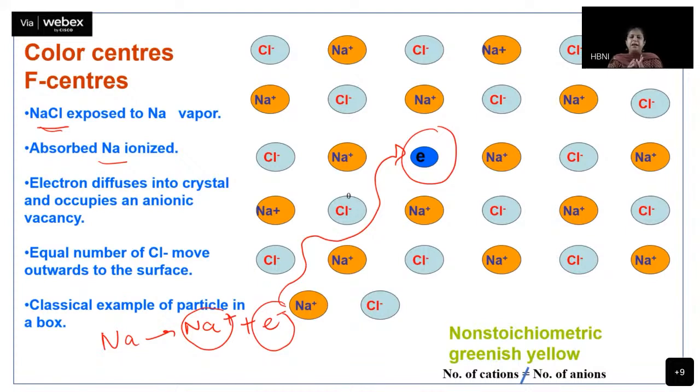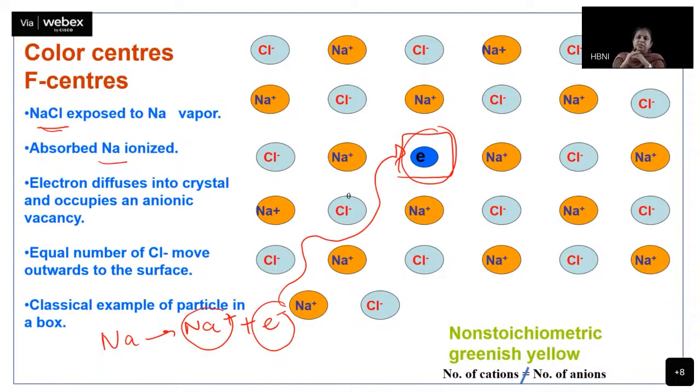So this particular electron occupying the anion vacancy, इसके जो energy levels होते हैं, NaCl का energy band, NaCl is white in color because its energy band gap is more than the visible range of light. That is why we do not see any color, right? But when the electron occupies this site, it creates some other energy levels in the band gap of NaCl.